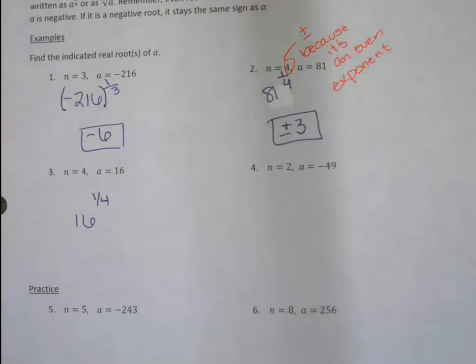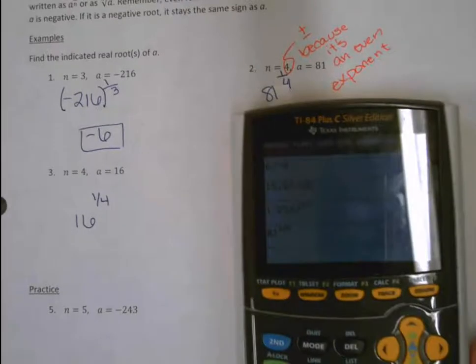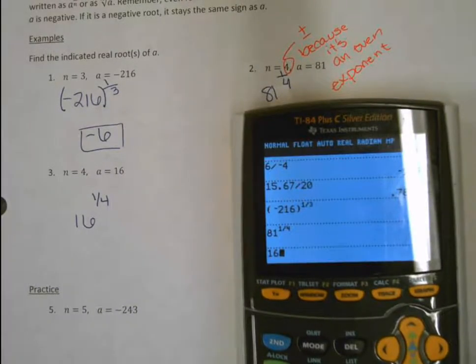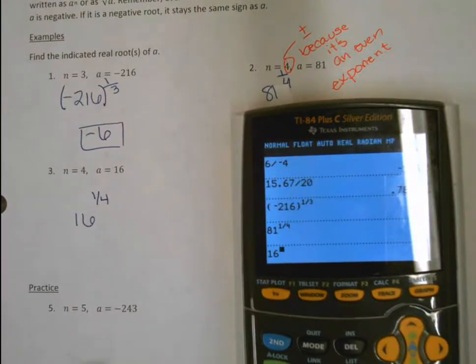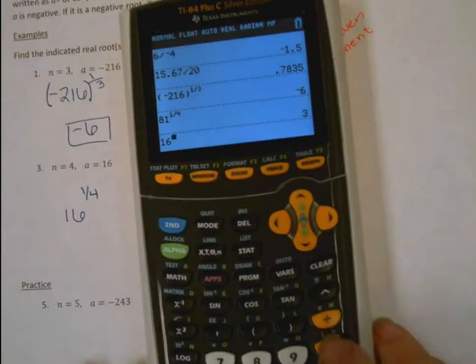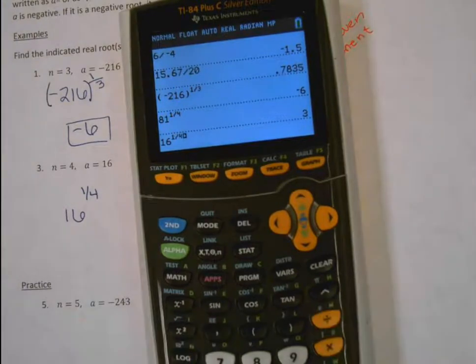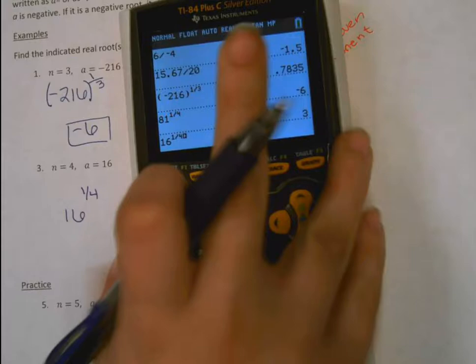So how would you get number 4? I typed this into the calculator. So I'm going to do 16, and then I do the exponent key, and then I do 1 divided by 4 for my exponent. I got 2.